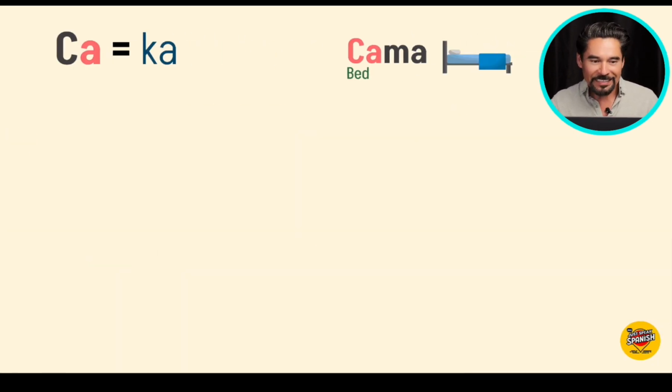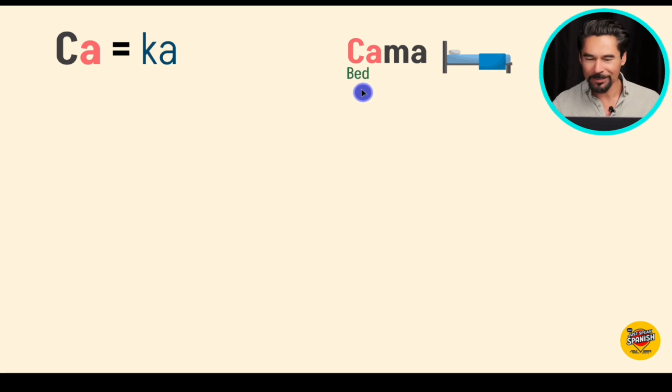Fantastic. And now we will discuss the letter C, because remember, I said that the letter C changes pronunciation depending on which vowel follows it. So let's take a look at the first example. Here we have C followed by A, and this has a K sound, always. So we take a look at the word cama, bed.